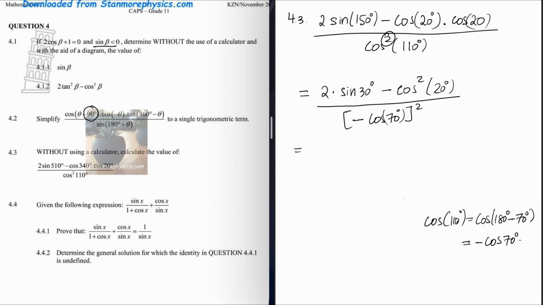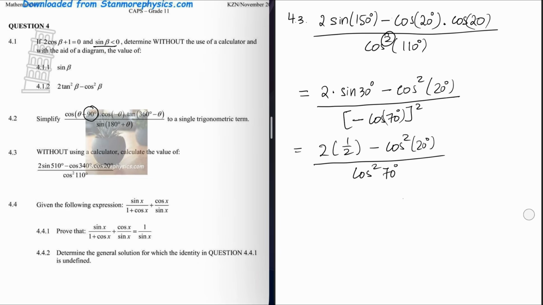So simplified now. So 2 sine 30, sine 30 is a half, so 2 multiplied by a half minus cos squared 20, we don't know what that is, divided by cos squared 70, right? The negative will become positive now.